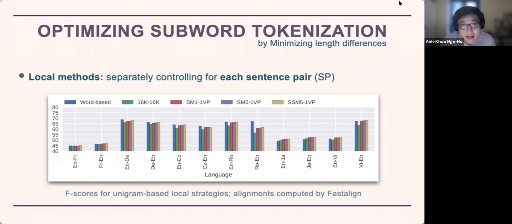The difference here is that 16K is not the optimal vocabulary pair for each language pair. If we select the optimal pair, we could have a better score. You can see in the previous slide that in most cases we could improve on the word-based alignment using subword tokenization.